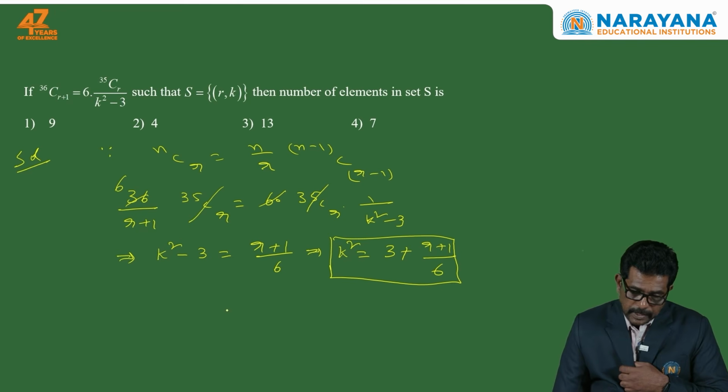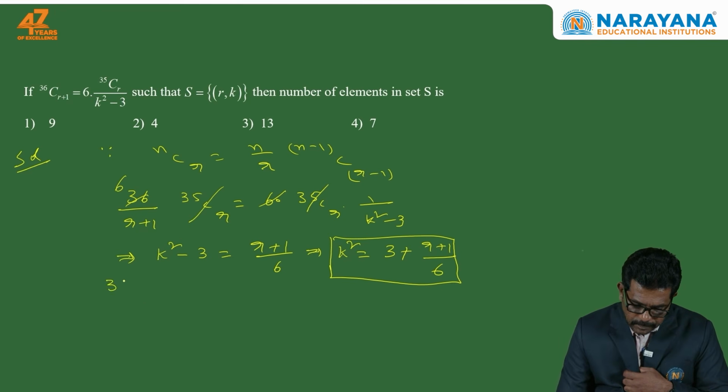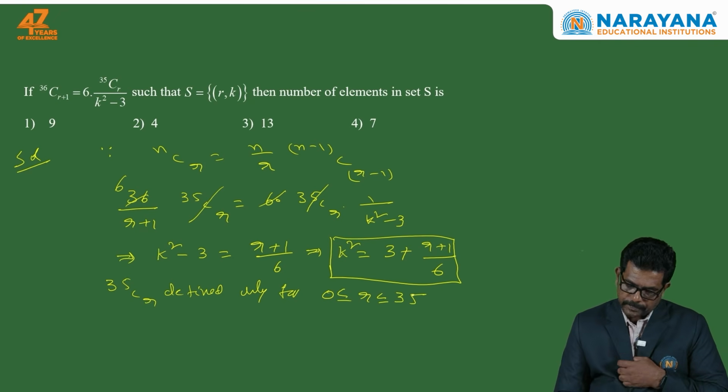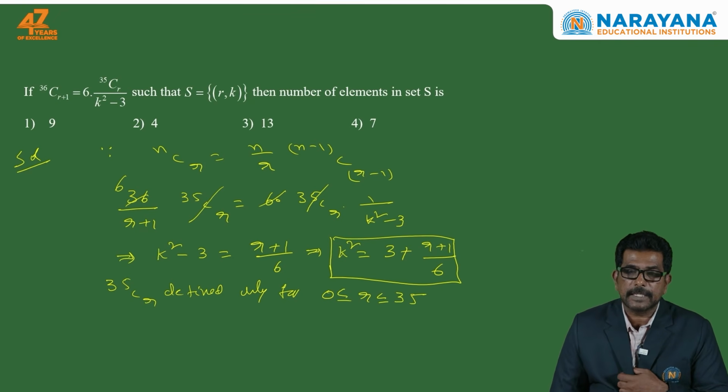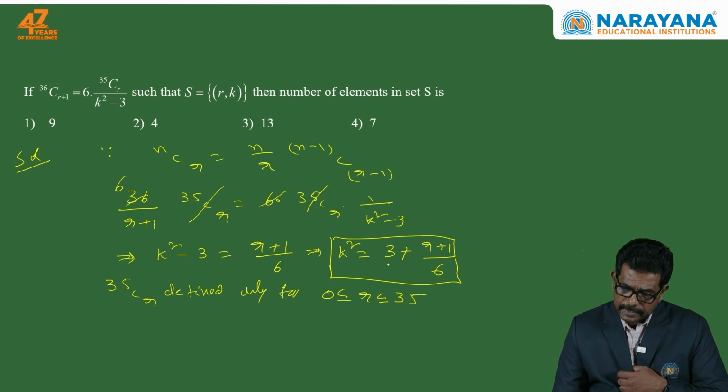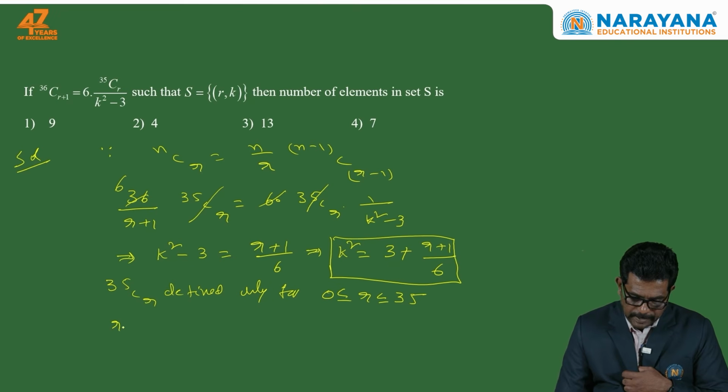Now here 35Cr is defined only for 0 is less than or equal to r is less than or equal to 35. And by observing, k square is a perfect square and it is an integer, and on the RHS 3 is an integer, and (r plus 1) by 6 is also an integer.